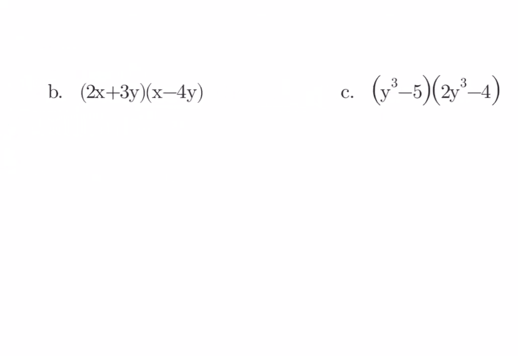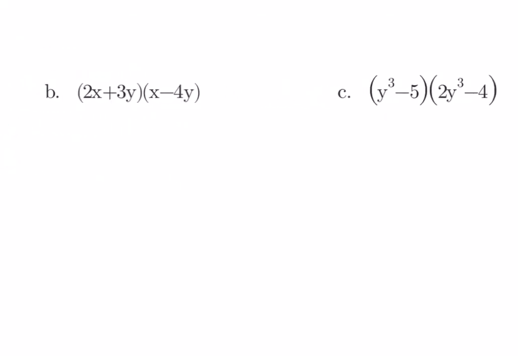Let's come over to example B. If we go ahead and FOIL, we get 2x times x is 2x squared. Outsides, we get 2x times negative 4y is minus 8xy.